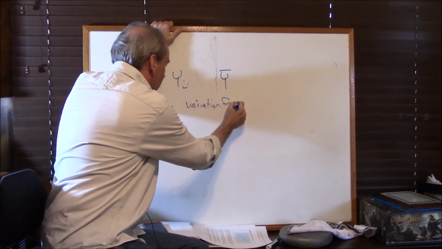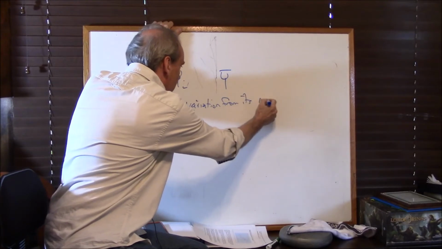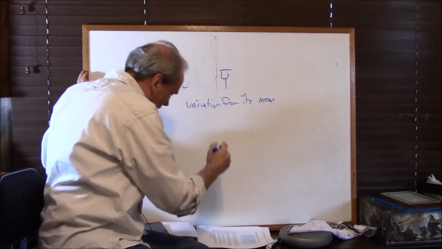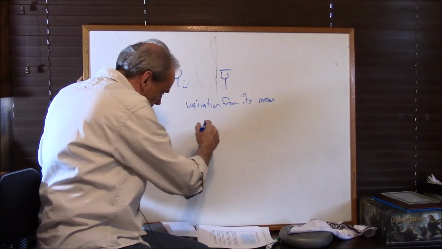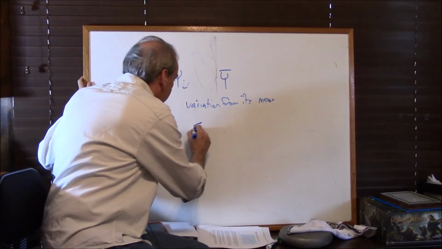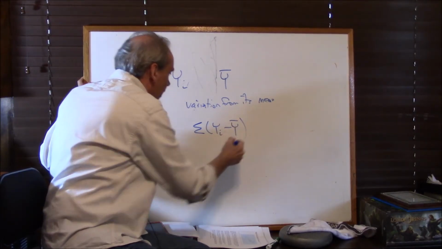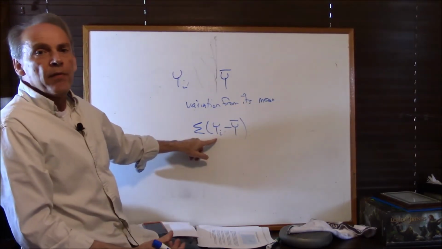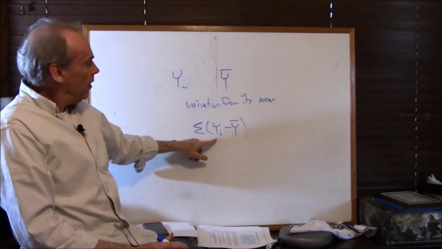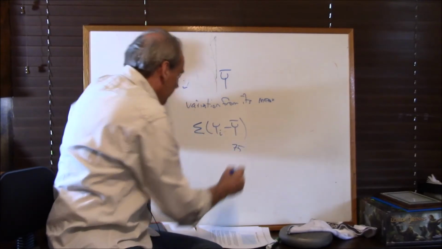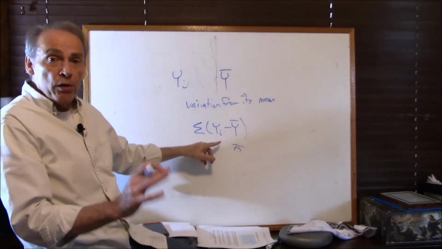Variation from its mean. That's what you have before you to explain. You have figured out the average grade in class, say a 75%, and now you have all the other students' grades, okay?